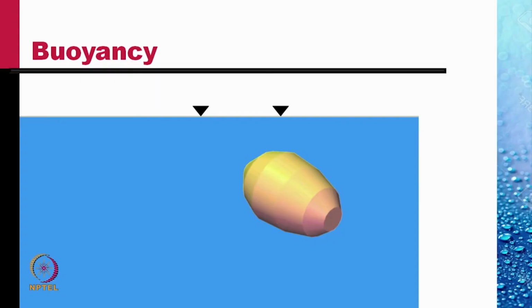Let us determine the force of buoyancy from whatever we have done so far. Let's consider a body immersed within a liquid. The free surface is marked. Let's split the body in two halves about its meridian.